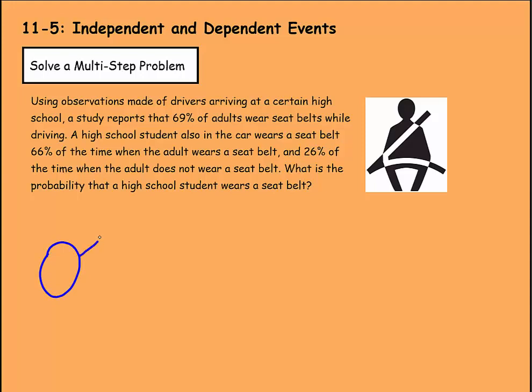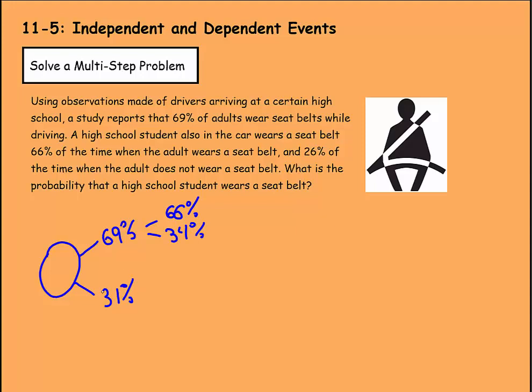We have adults that either wear seatbelts, which would be 69% wear it, and that makes 31% who do not. The high schoolers with the adults that wear seatbelts, 66% of them wear seatbelts, and that makes it 34% who do not.